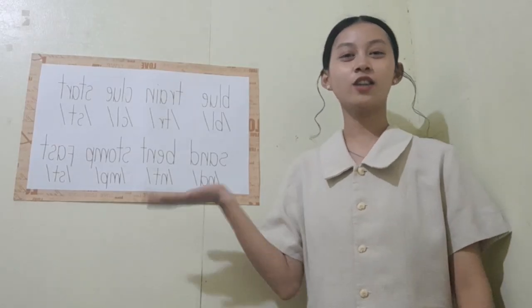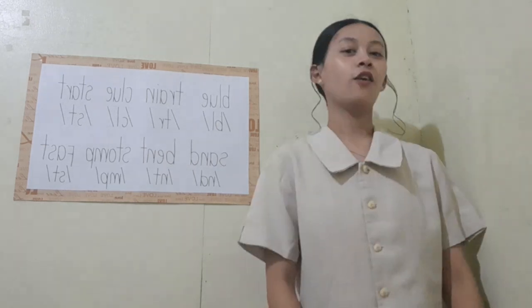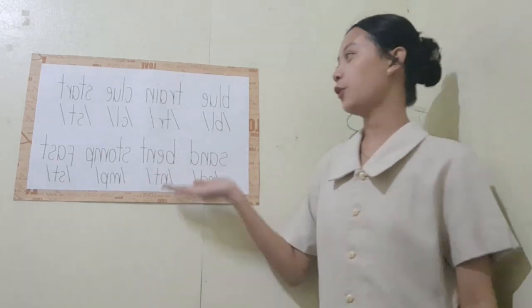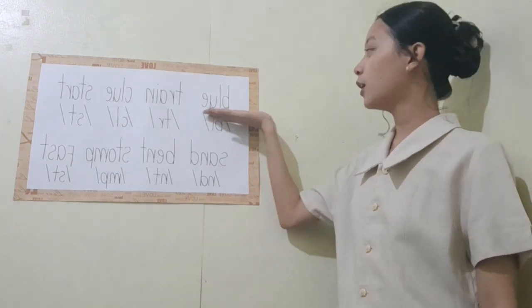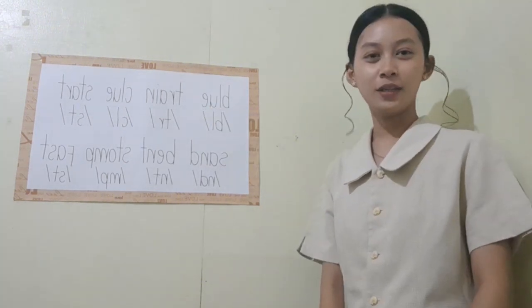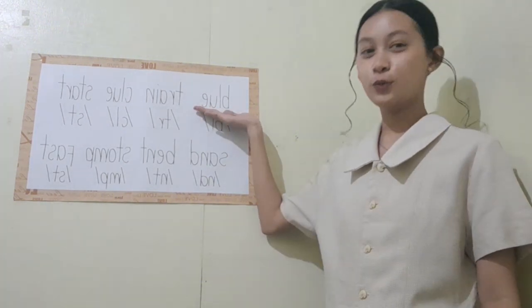Alright, so here's a chart with some consonant clusters. Okay, let's now take a look at our words. For our first word, we have the word blue. Can you say it with me? Blue.